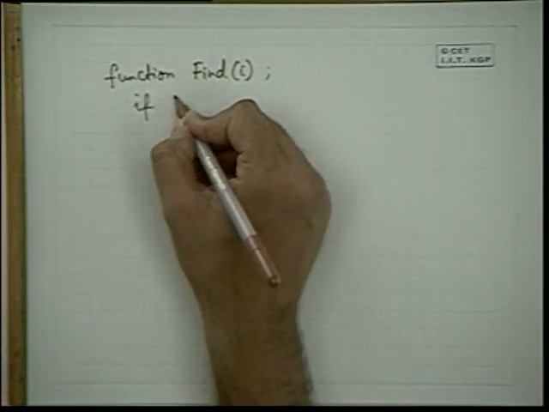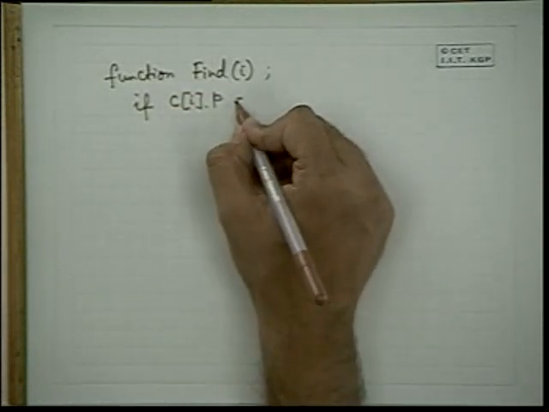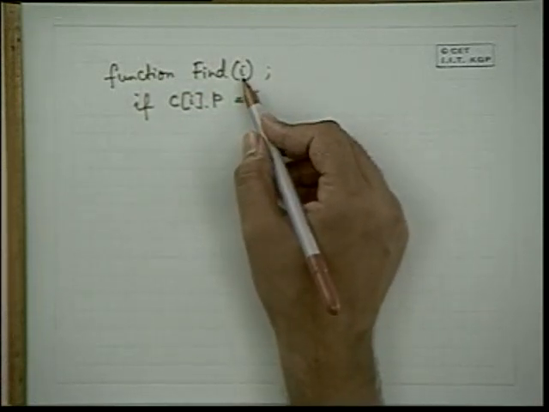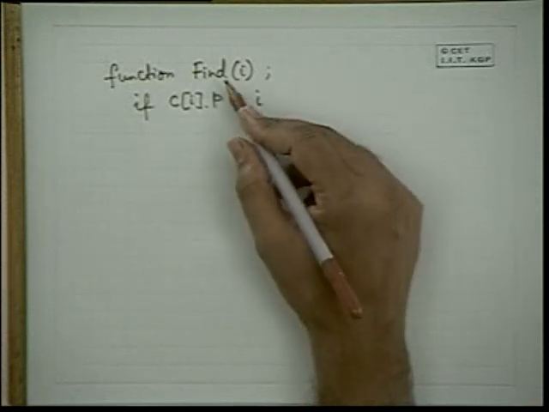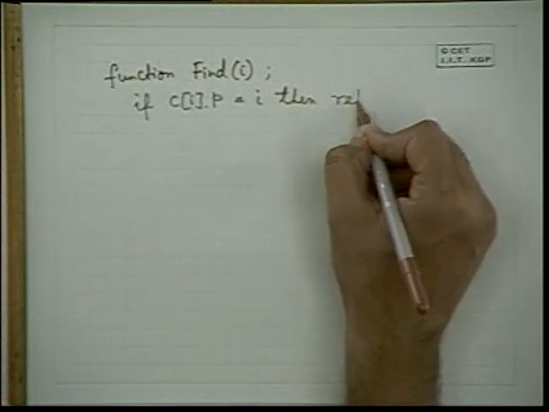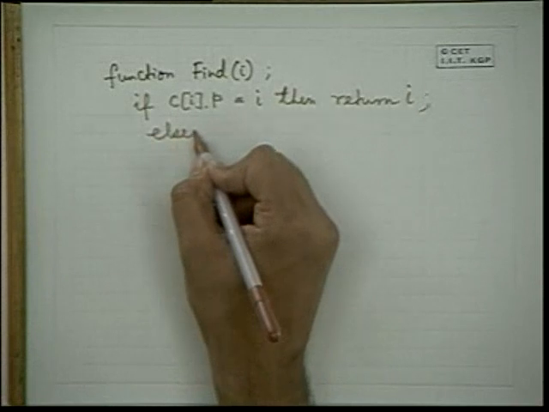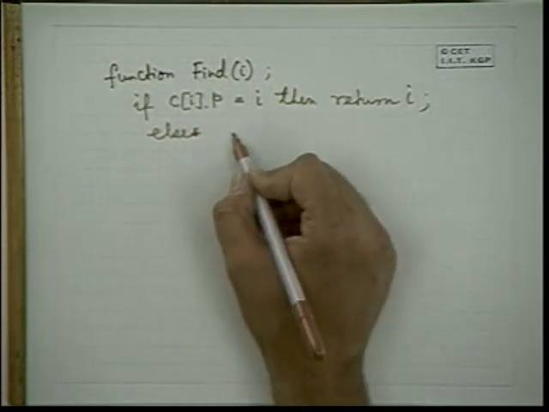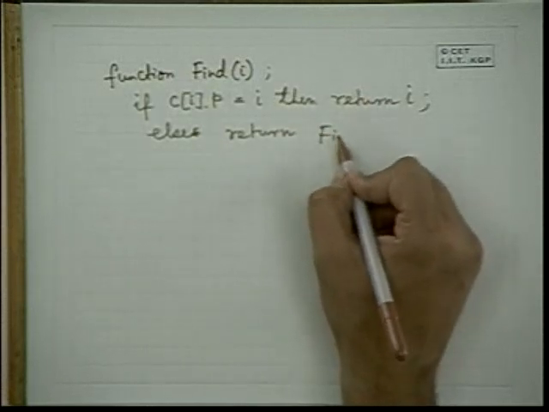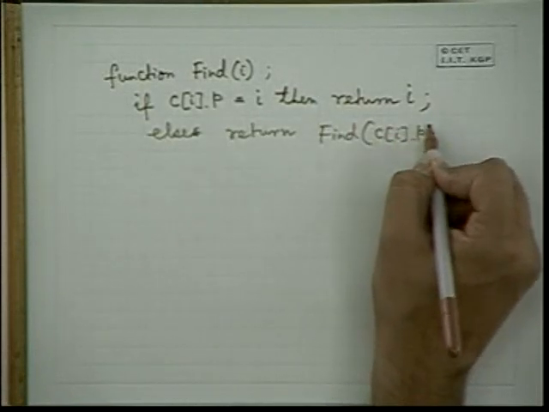If Ci dot p equal to I, that means I itself is the root, because there is a self loop we maintain for the root, then return I, else return find Ci dot p, basically give a recursive call.